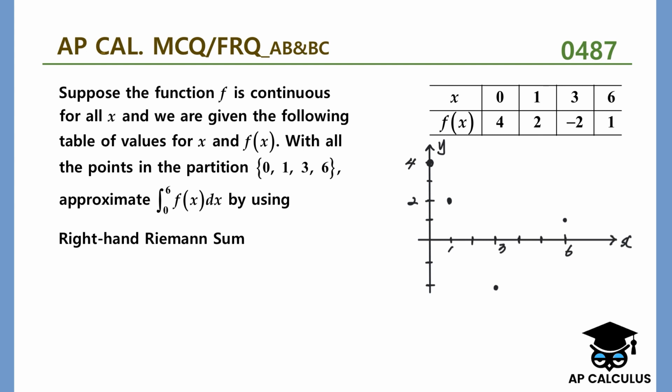Question 487. We're going to approximate this definite integral by using right-hand Riemann sum this time. The first way is to draw the rectangles on the coordinate plane. For the right-hand Riemann sum, the rectangles must be drawn from the point on the right-hand side at each interval. Let's try that. At this interval right here, we have 2 coordinates, (0, 4) and (1, 2).